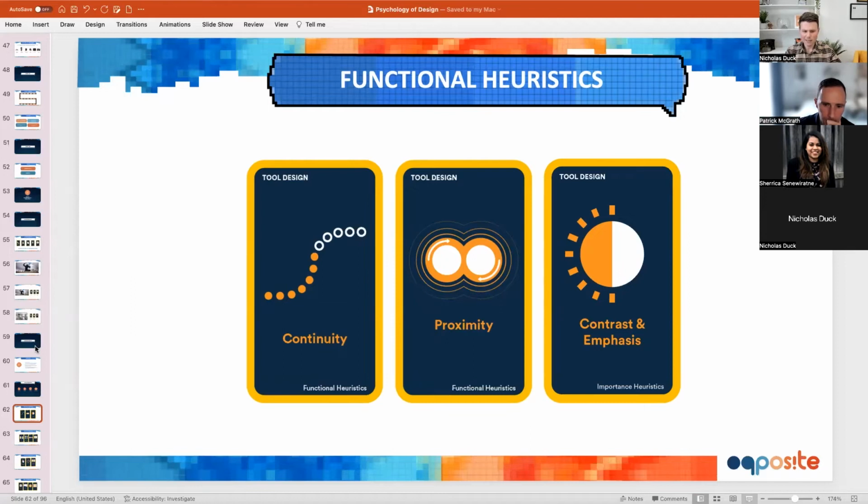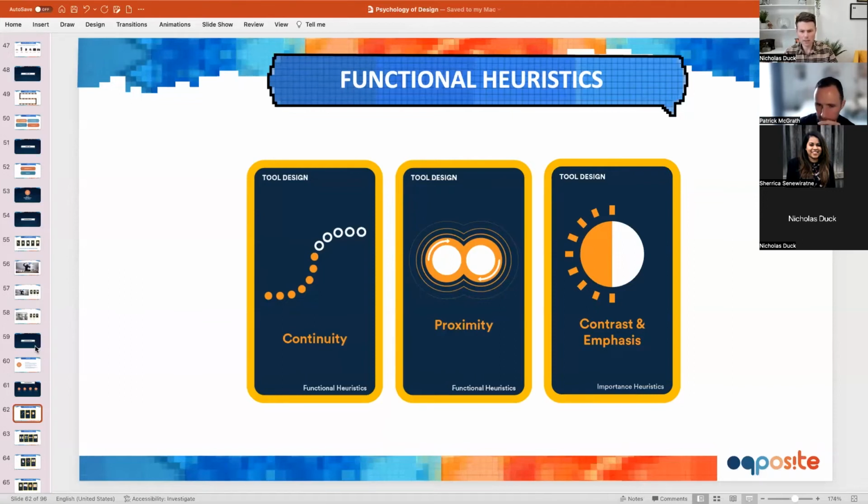A good example of continuity is when you see active lights on the road, where the lights all light up in a sequence and follow one from the other. That's a really good example of expressing a pattern where there isn't really anything there. It's not like each light is talking to each other and telling you something. It's just presented in such a way that it looks like continuity.